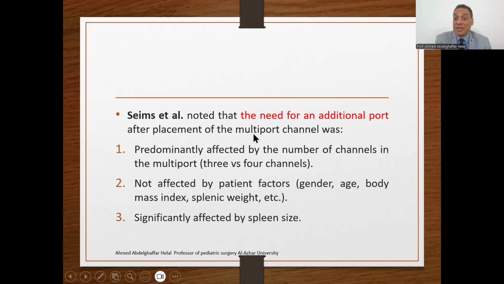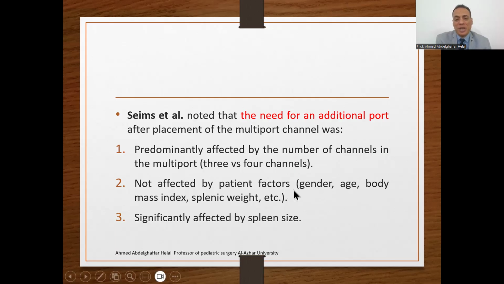Sims et al. noted that the need for an additional port after placement of the multi-channel port was predominantly affected by the number of channels in the multi-port, 3 or 4. At least a 4-channel port is preferred over 3 channels. So you need a single incision port with 4 channels; otherwise, you may need to insert another or separate port.